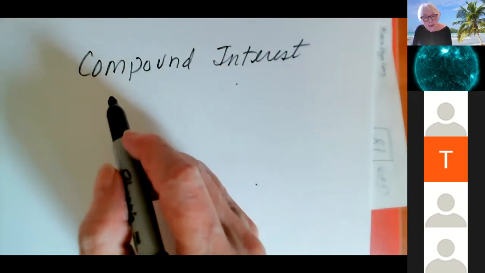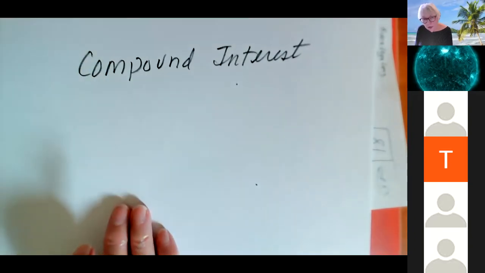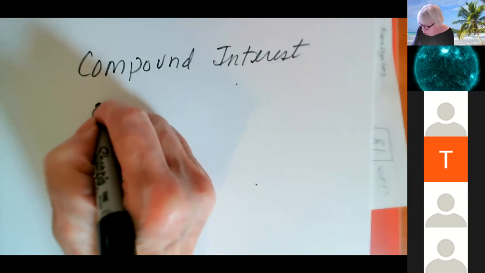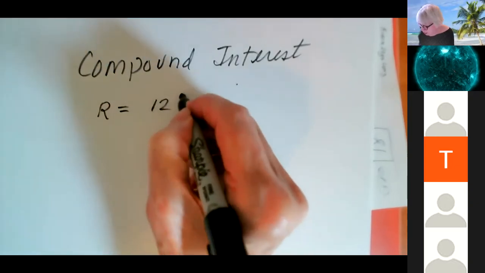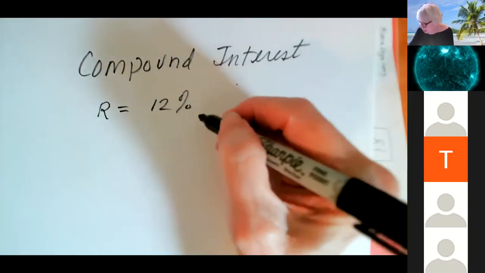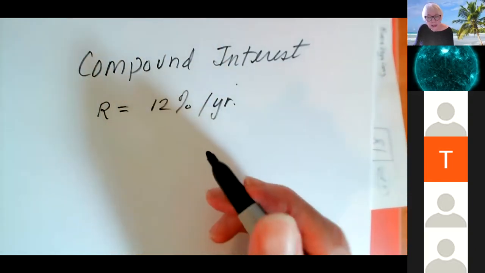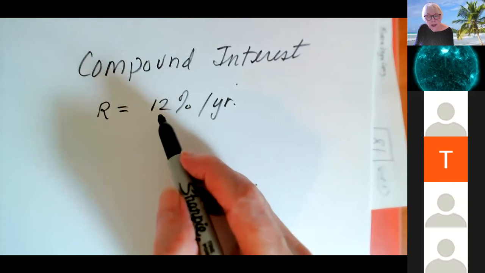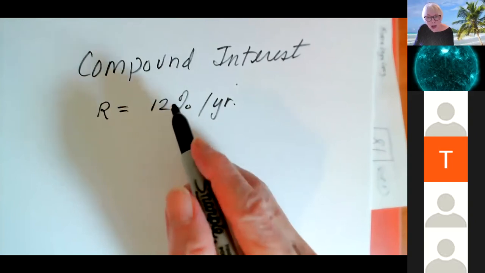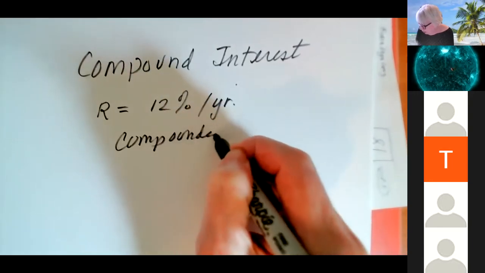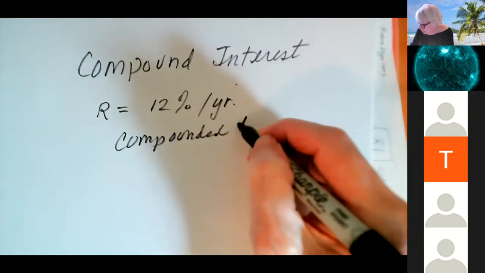So what happens is, and I'll show you an example, if the interest rate was 12% a year, and it was compounded twice a year.